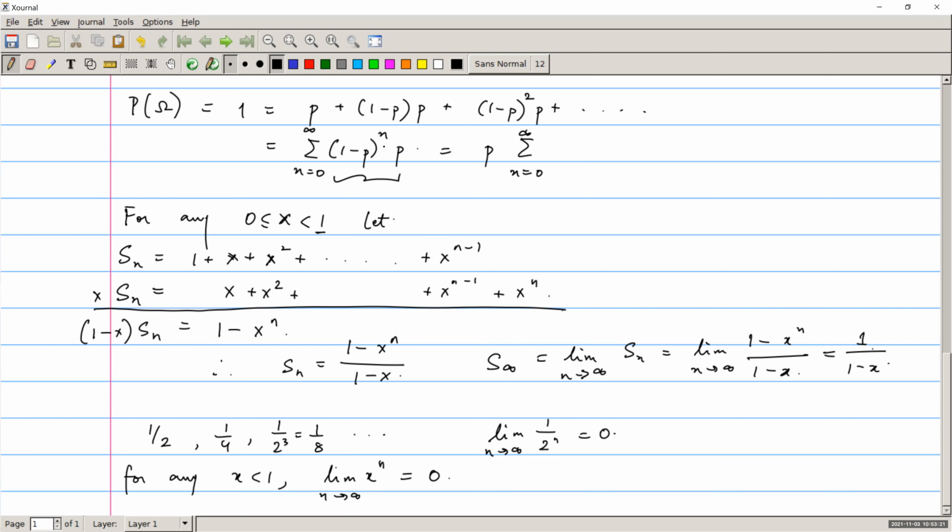The index of the summation is n, and the term with p does not contain an n, so you can pull that out. Now this is a geometric sum where x equals 1 minus p. So what is this sum?